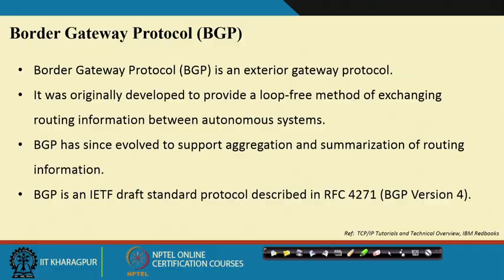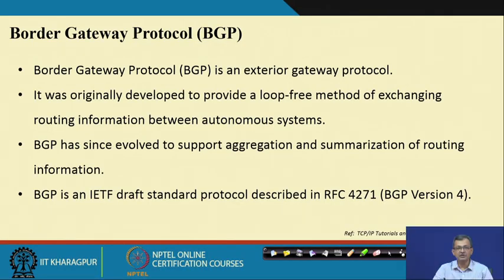So, BGP, as we are discussing, is an exterior gateway protocol, right. It was originally developed to provide a loop-free method of exchanging information between autonomous systems. So, there should not be any loop, right. BGP has since evolved to support aggregation and summarization of routing information, right.